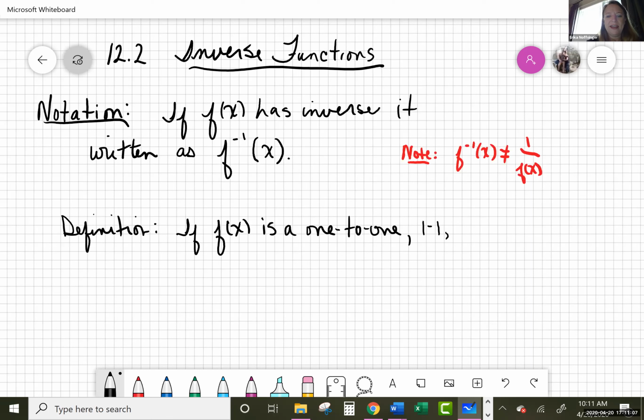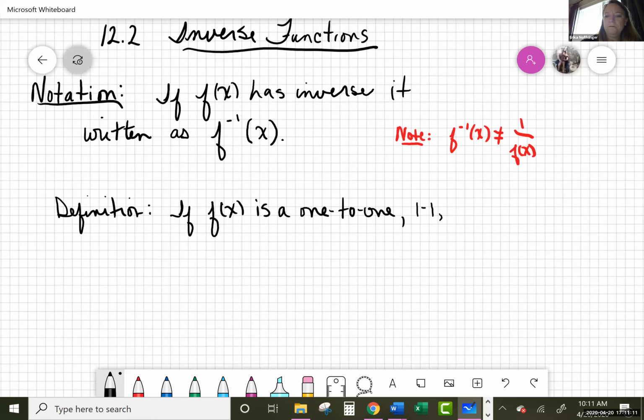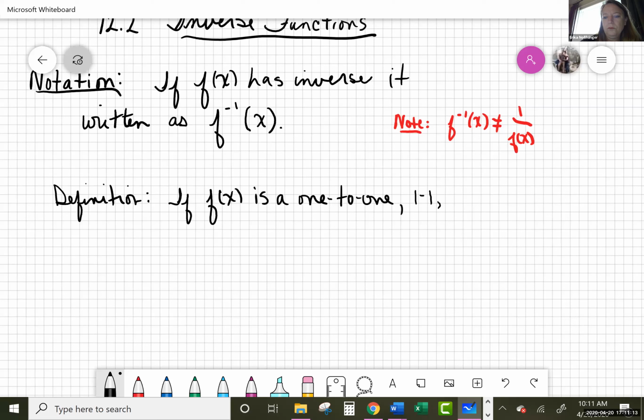So you don't have to write that out all the time. So if f of x is a one-to-one function, and f inverse of x, that notation is its inverse.